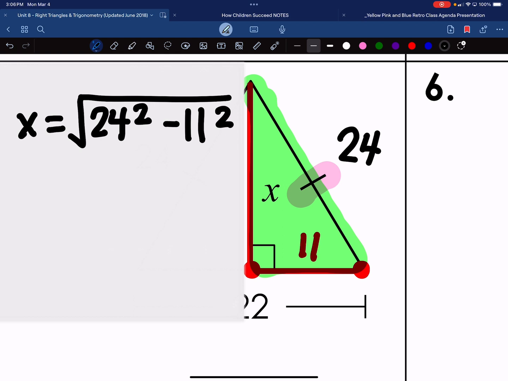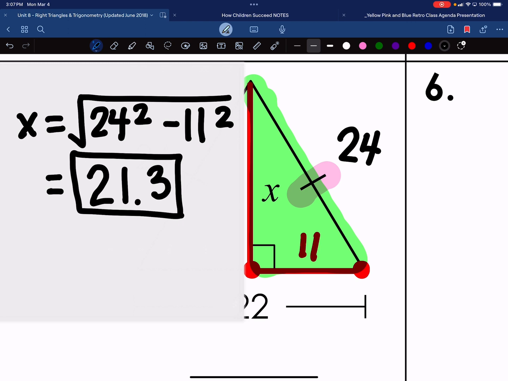Press second, x squared, and it will bring up the little square root symbol. Then do 24 squared minus 11 squared and press enter. Your calculator should round it for you. It said 20 what? 21.3. So x is 21.3, and that's all we have to do on that one, because they just wanted the height.